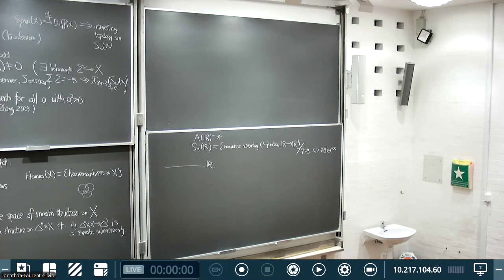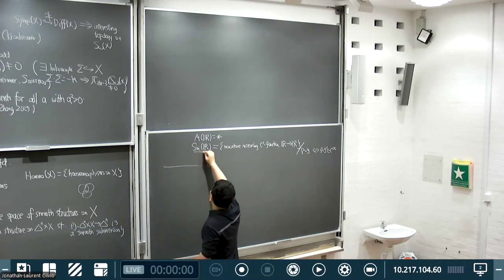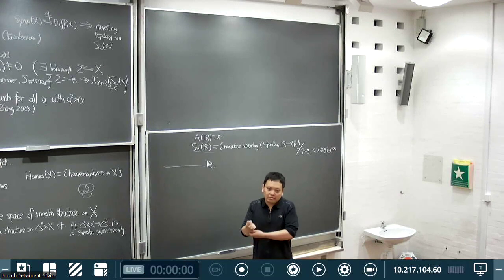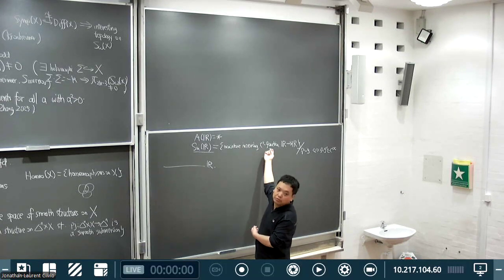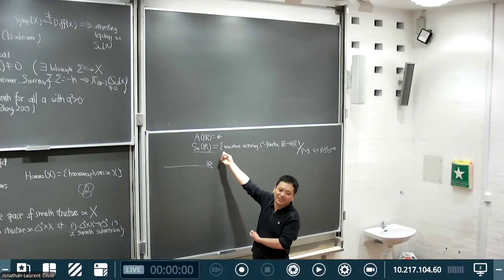But the set you wrote underneath is SMR, or the zero simplices? Let's say zero simplices. I mean, if we treat it as a simplicial set, these are the zero simplices. We can also put a suitable topology on this function space and make it a topological space.